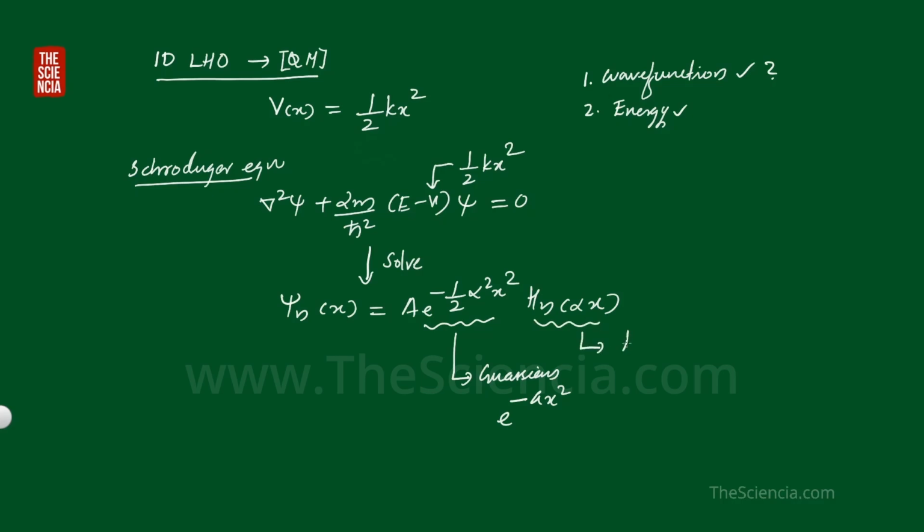This is the Hermite polynomial. So this is the wave function corresponding to a particle in a 1D linear harmonic oscillator. And here I tell you what is the value of α². This α² is equal to mω by ħ.